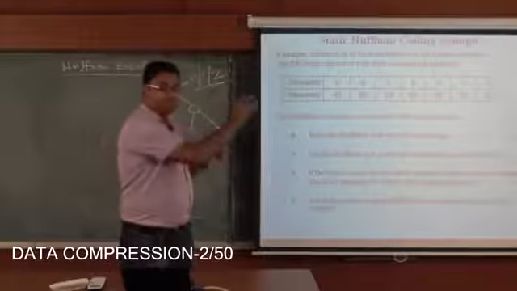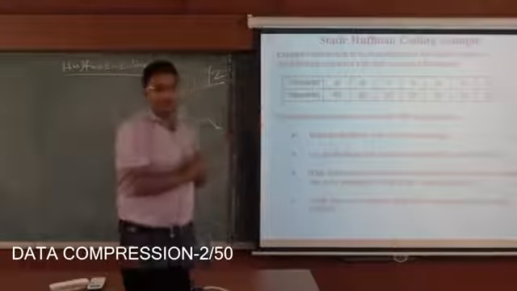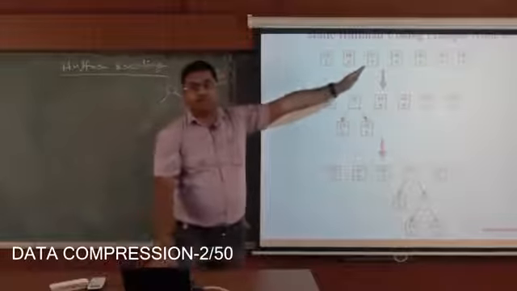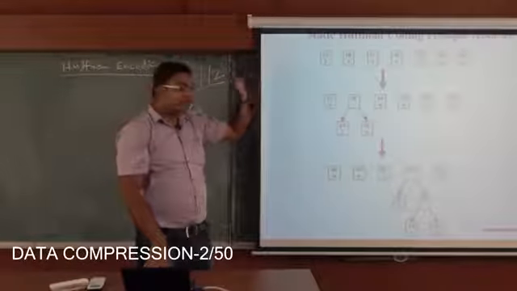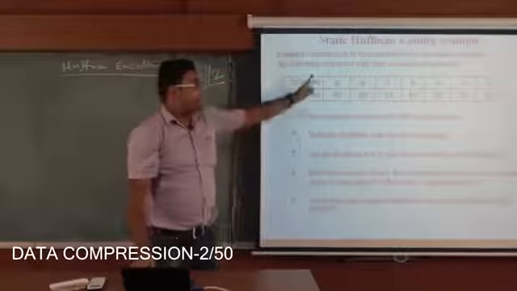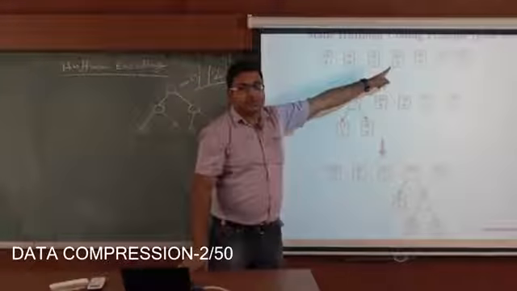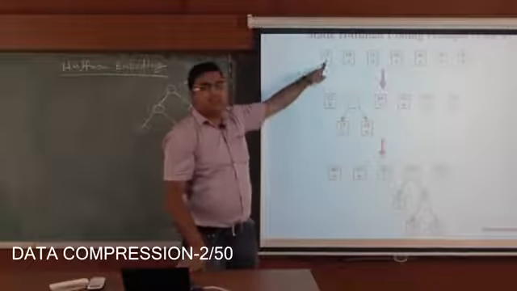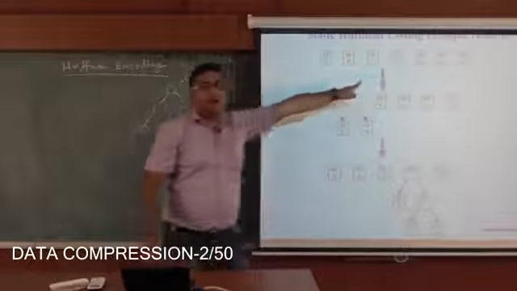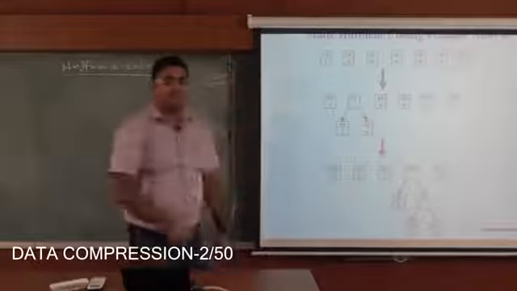That means we have to shuffle and rearrange the data in ascending order, from small to large in terms of frequency. The letter with the lowest frequency will be first, and the letter with the highest frequency will be last. If we rearrange the data, L has the lowest frequency and E has the highest frequency, and in the same way the others in the middle will be rearranged.